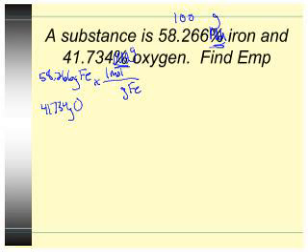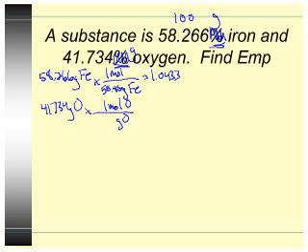So I'm going to take 58.266 divided by 55.85, and I get, whoops, I forgot to put 55.85 down here. And I get 1.0433 times dividing bar, grams of oxygen, 1 mole of oxygen.